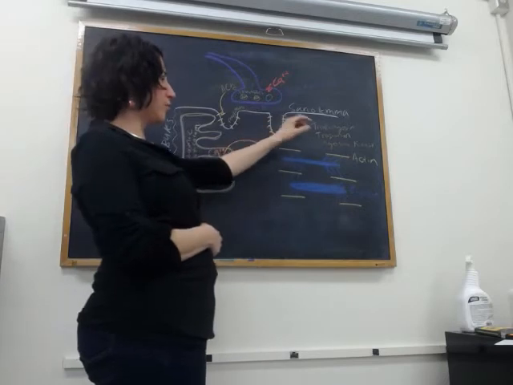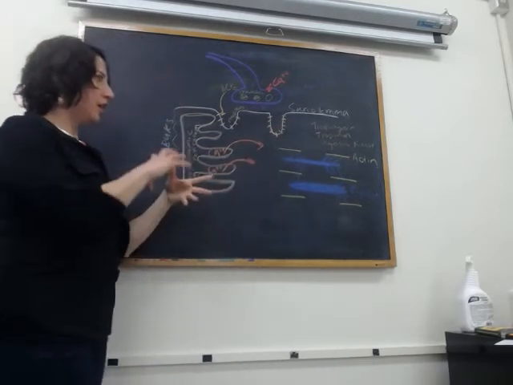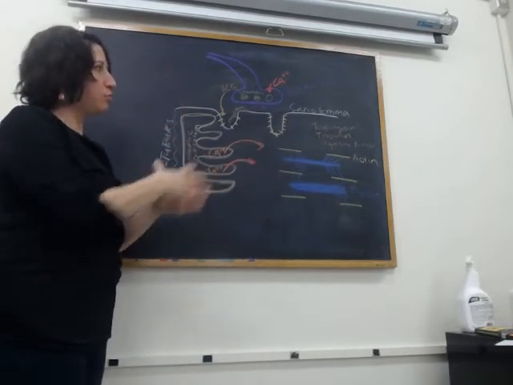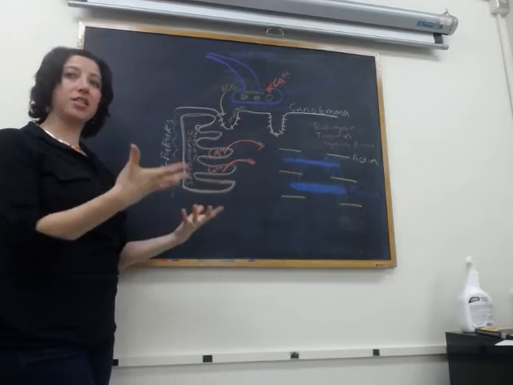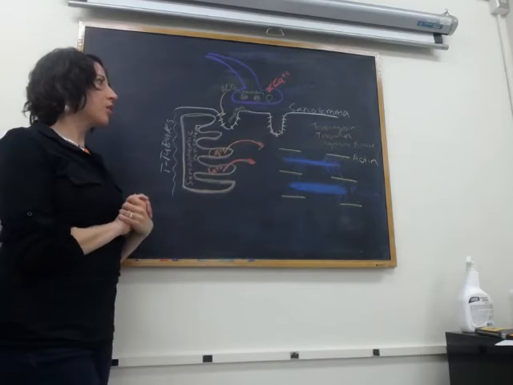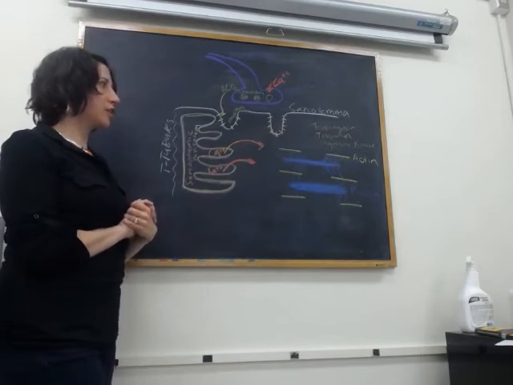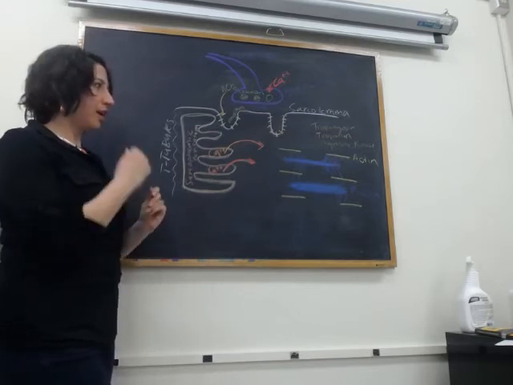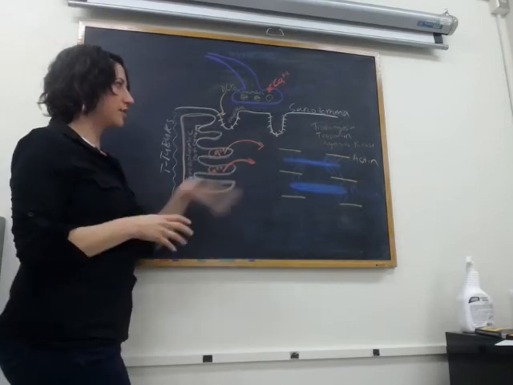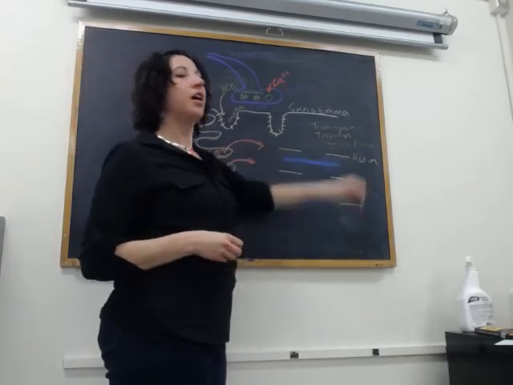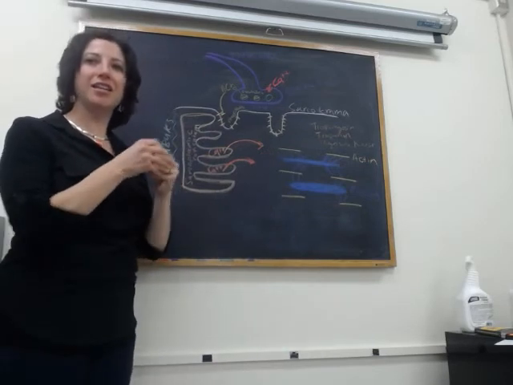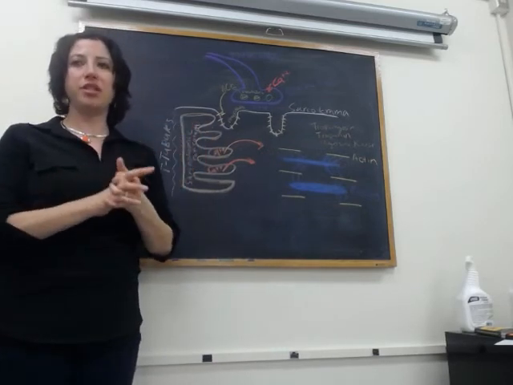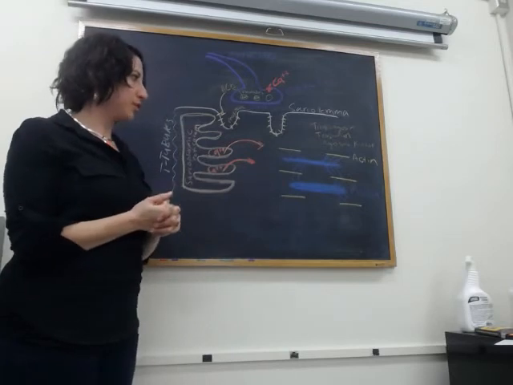Calcium then travels over and binds to the troponin, causes it to kind of change shape and move the tropomyosin so that the actin's binding sites are exposed. Once the actin binding sites are exposed, myosin will use an enzyme called myosin kinase to attach with ATP so that those myosin heads can get into the ready position and form a cross bridge.